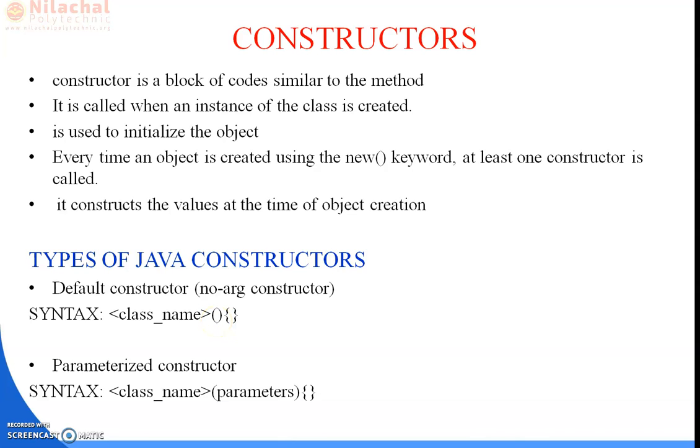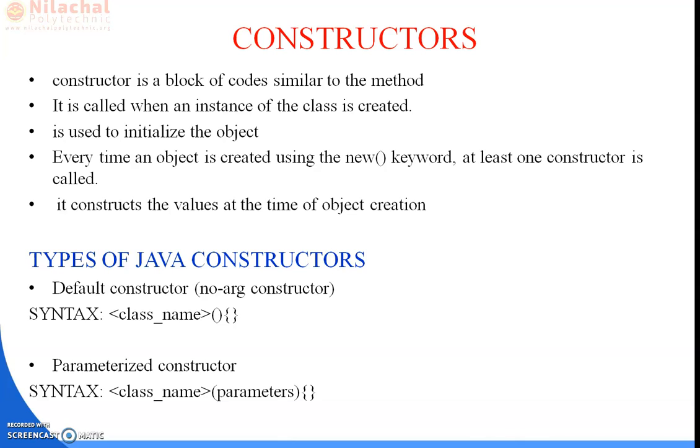In this example we are creating the no-argument constructor in a class, and at the time of object creation it can be invoked. I will tell you by using some examples later on.